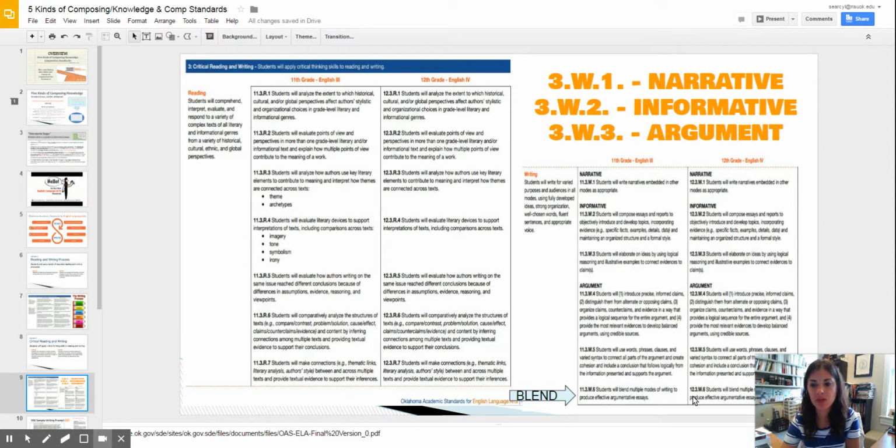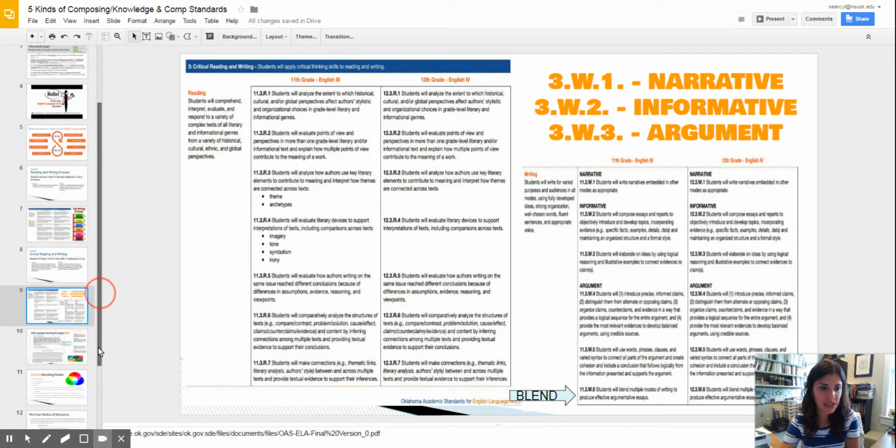But we need to be able to blend the modes based off our purpose and our audience. So everything we do is going to be aligned to these standards, and we are going to be following what is expected of our students and was expected of just good writers in general.